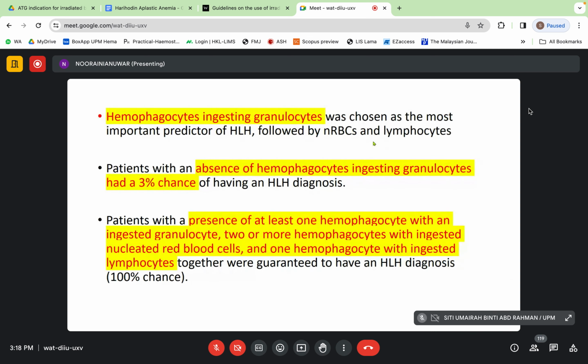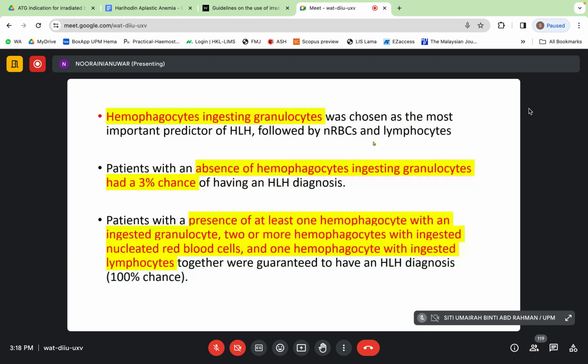So we can see from this study, the conclusion that hemophagocyte ingesting granulocyte was chosen as the most important predictor of HLH, followed by NRBC and lymphocyte.